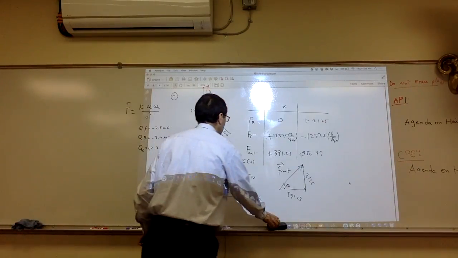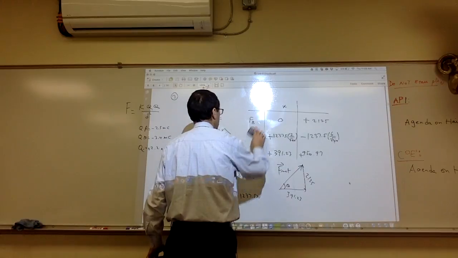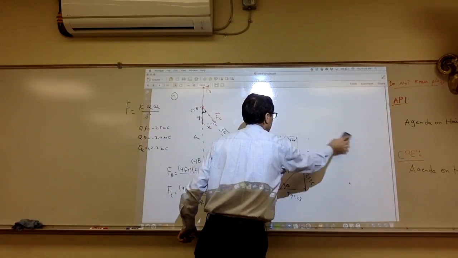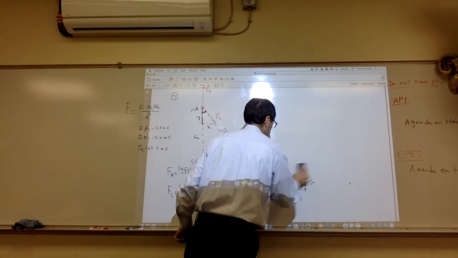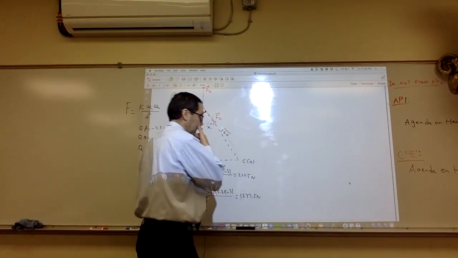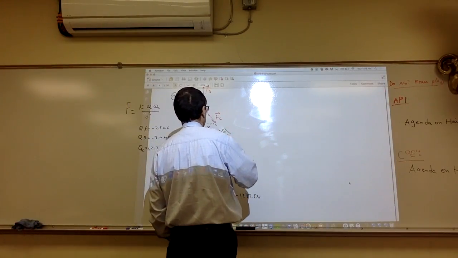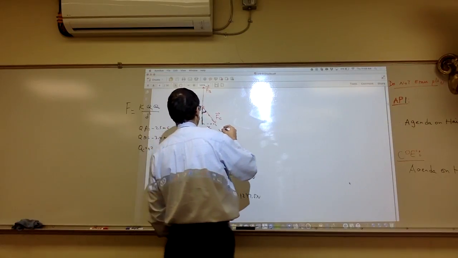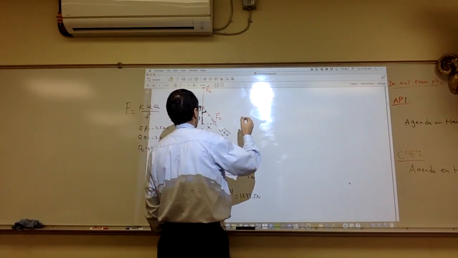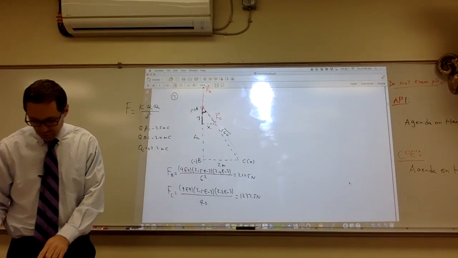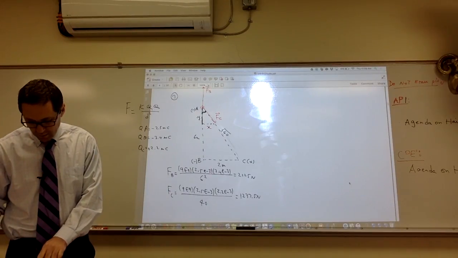All right, so let's try this with the law of cosines. See what we get. Okay. So I think if you're going to do law of cosines, let me just make sure we do it the same way I did it in the packet here.